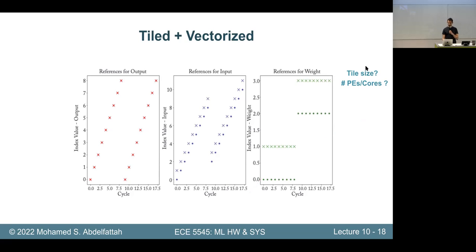So if I ask you what is the number of cores or the tile size here, it would be two, because at each time step, we're fetching two elements from my memory for both the weights and the input, and that's what we're operating on as well.